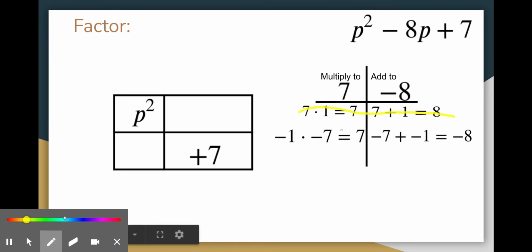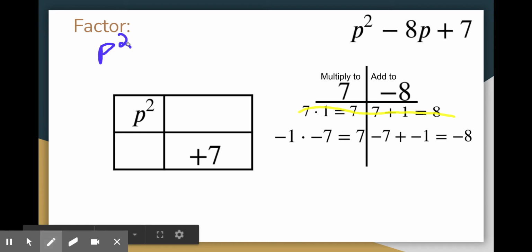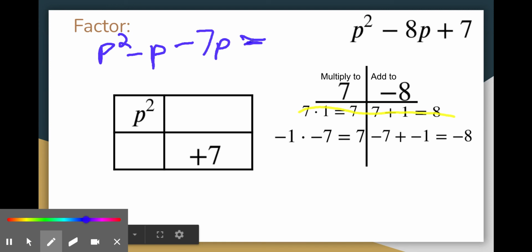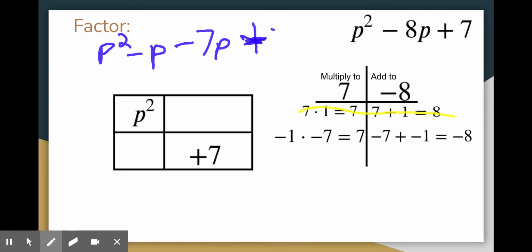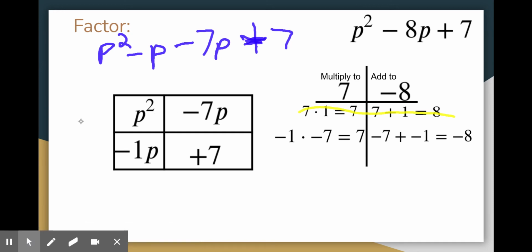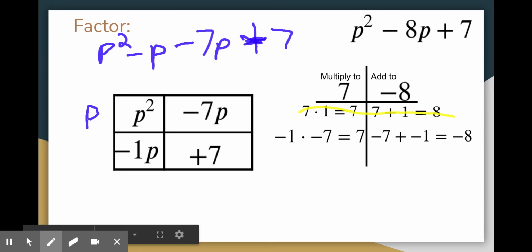So that works out. So I can rewrite this as p squared minus 1p minus 7p, that combines to our -8p, plus 7. So we can put those in our box. And then we're going to look at the top row. My greatest common factor that I can pull out is p.